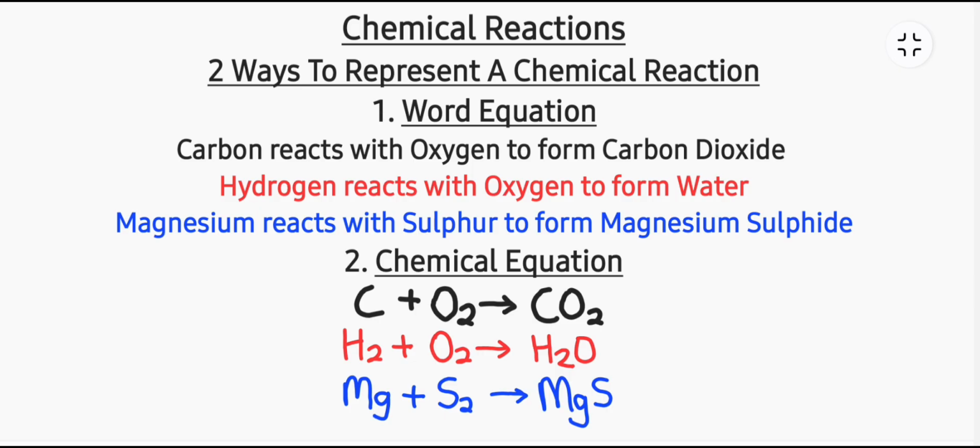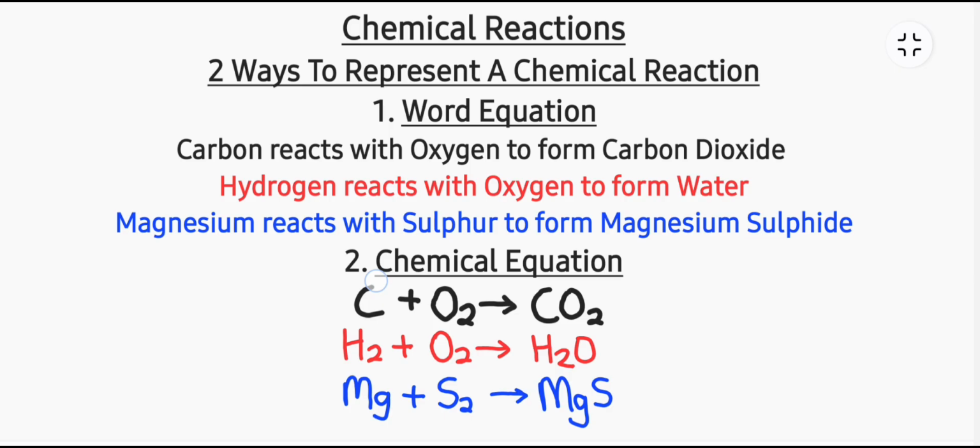Balancing simply means what's on the left hand side must be the same on the right hand side. It means as we balance we are going to make reactants the same as products.